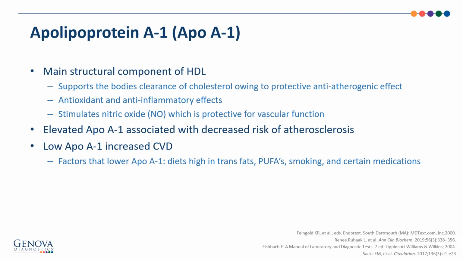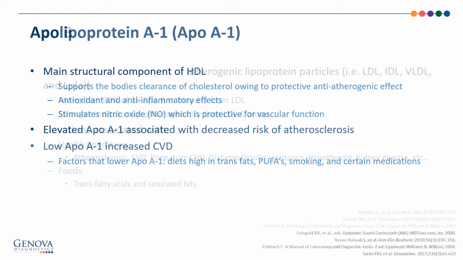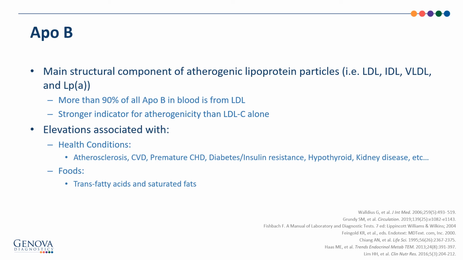And important factors that lower Apo A-1 are diets that are high in trans fats, polyunsaturated fatty acids, smoking, and certain medications. We also tend to see lower levels with those who have uncontrolled diabetes as well as kidney disease. ApoB, the main component of atherogenic lipoprotein particles, is a strong indicator of atherogenicity compared to LDL-C alone.